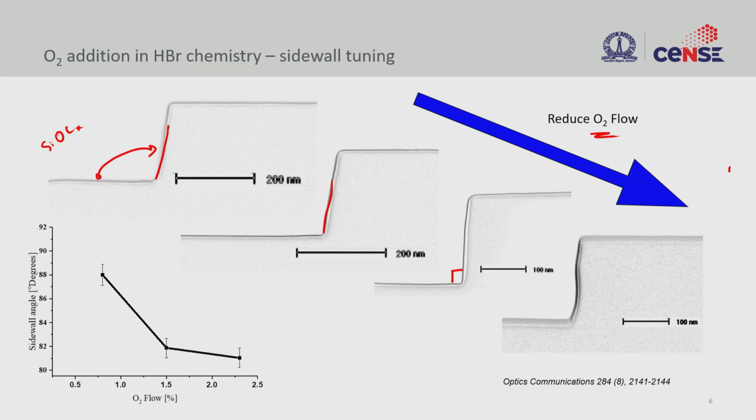The thickness of the sidewall coating is slowly reducing, but in the last case you have started doing isotropic etch. So there is no sidewall coating at all, so you start attacking the sidewall of silicon here. So by adjusting the flow of oxygen, one could actually tune the sidewall angle. This is again the chemistry-driven profile improvement.